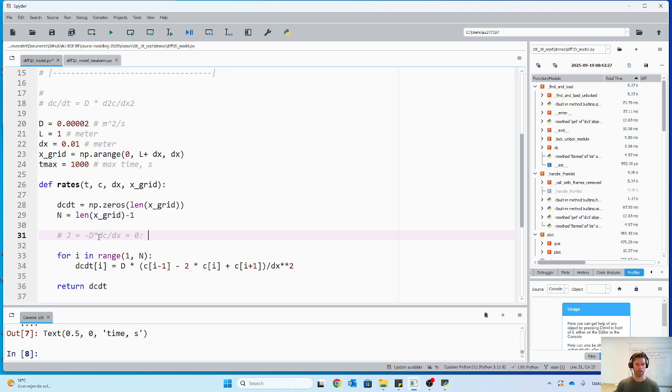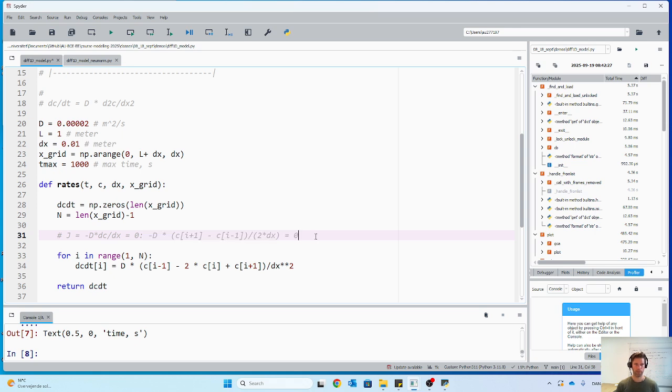We can then take this part and discretize it using finite central differences. So we have that it is equal to C at i plus 1 minus C at i minus 1, divided by 2 times dx here. And this is equal to 0.